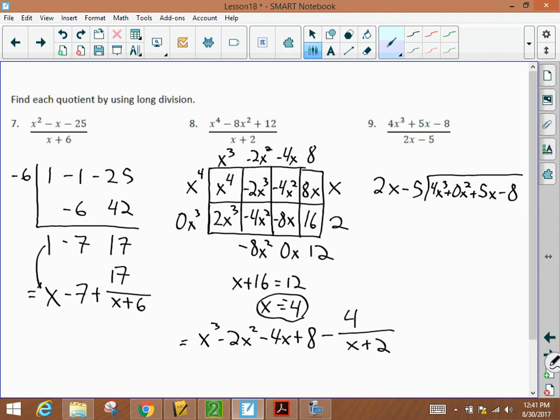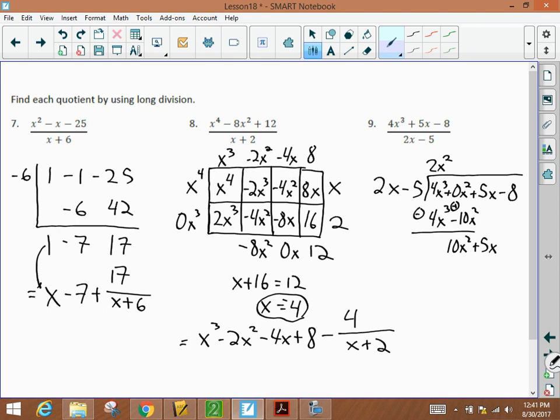What do I need to multiply 2x by to get 4x cubed? 2x squared. So that's 4x cubed minus 10x squared. Change the sign and add. That's 10x squared. Drop down that positive 5x.